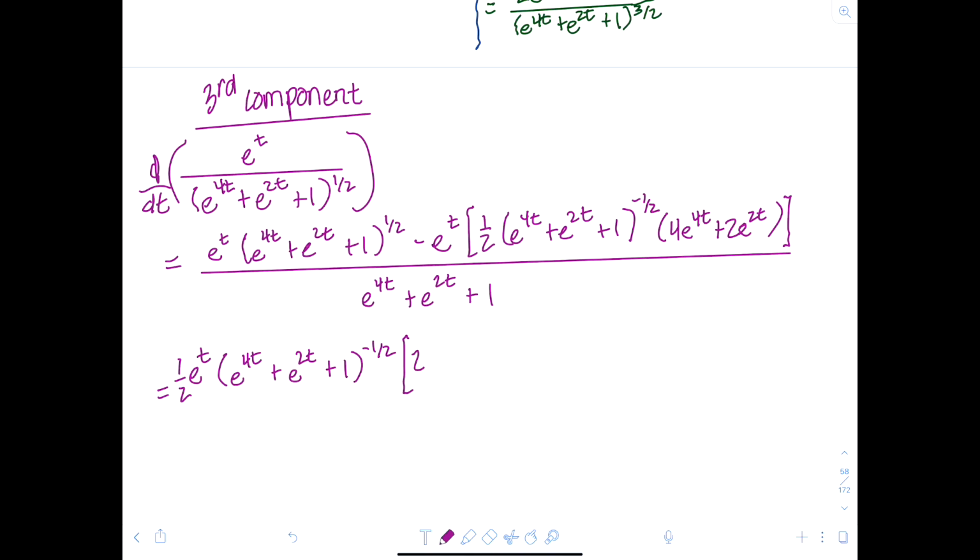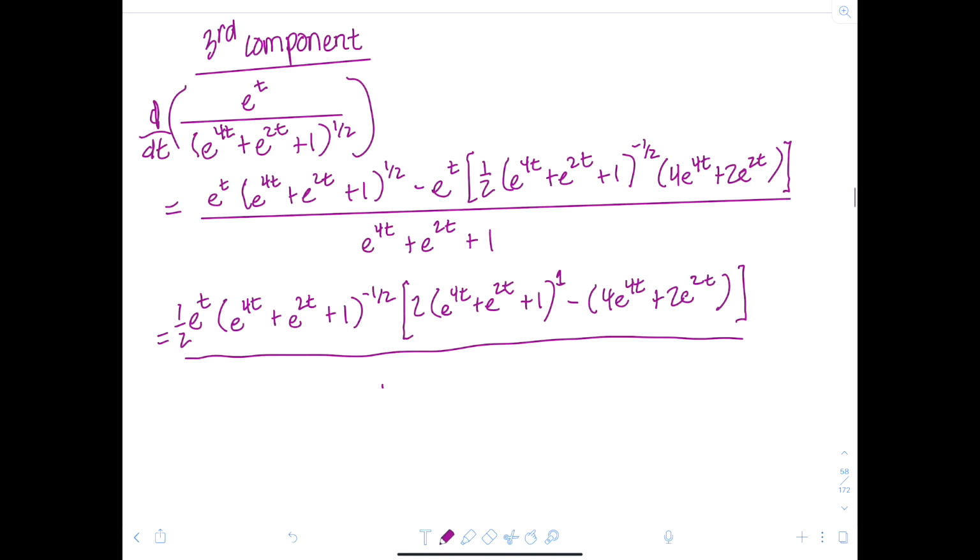We've got the e to the t, and then we're going to need the e to the 4t plus e to the 2t plus 1 raised to the 1 power to give us our positive 1/2 factor. And then minus 4e to the 4t, this quantity, plus 2e to the 2t. And I think we took care of everything else. And that's all over e to the 4t plus e to the 2t plus 1.